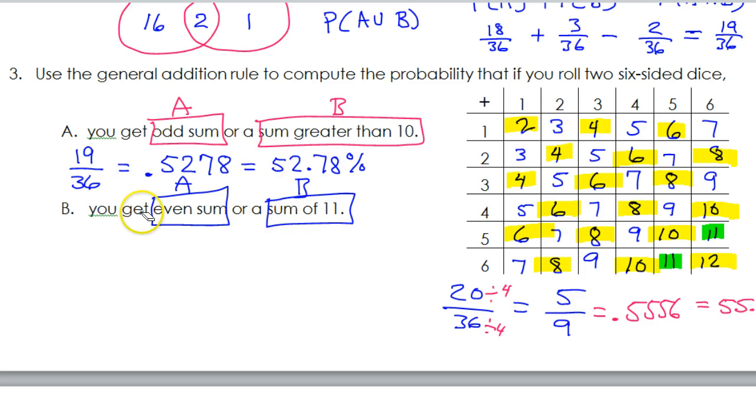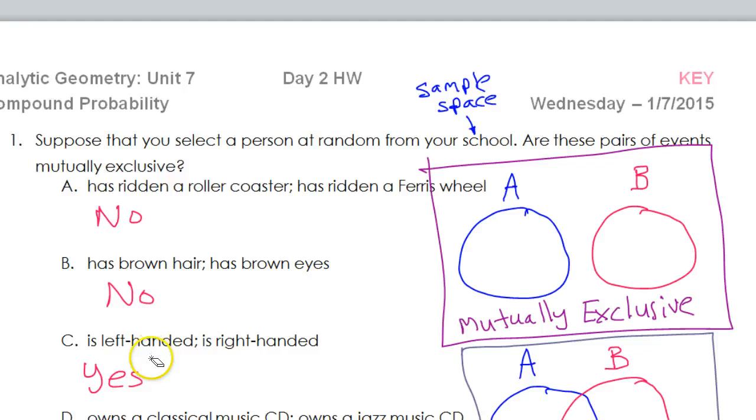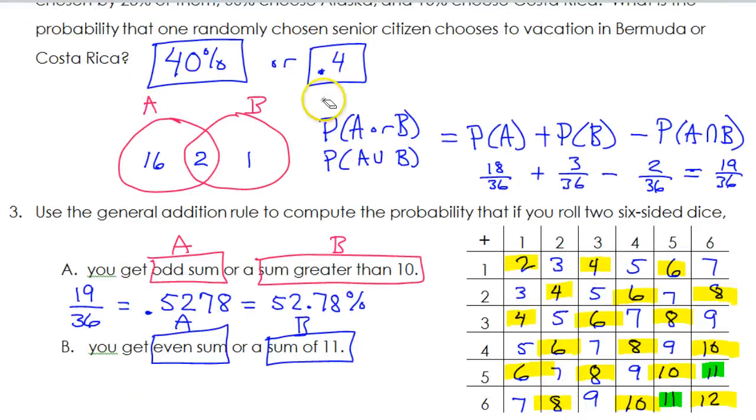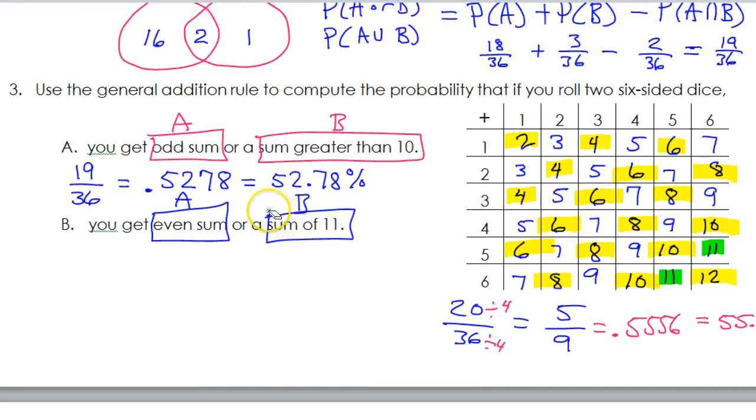Or we could say they are mutually exclusive, remember? So Venn diagram, non-overlapping. Think about it: if you can either be an even sum or a sum of 11, there's no way you can be an even sum that's also 11. It's one or the other.